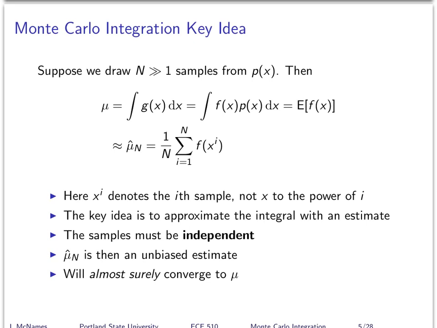One key thing that's important to make this work, in order for this to converge, to use a statistical term, to the true value that we're trying to estimate, is that these samples are drawn independently of one another. They've got to be statistically independent.